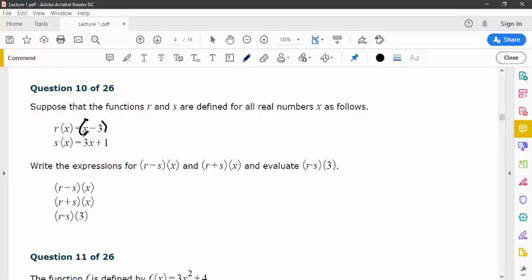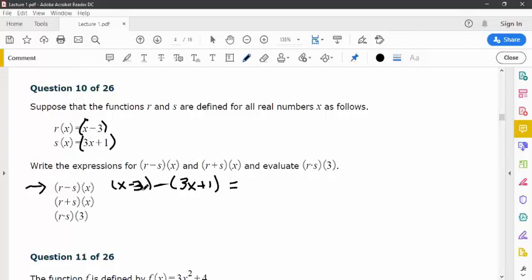S of x is 3x plus 1. So for the first problem, where we have r minus s of x, we put the r function first, which is the x minus 3. And we're going to subtract from that the s function, which is 3x plus 1.